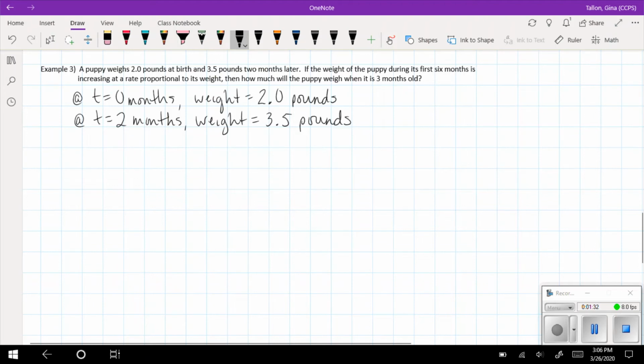Now let's read the next sentence. If the weight of the puppy during its first 6 months is increasing at a rate proportional to its weight. So increasing means changing in the positive direction, but it is a rate of change we're talking about. So we're talking about a derivative. We're talking about the weight of the puppy changing at a rate proportional to the weight of the puppy, which is kind of crazy.